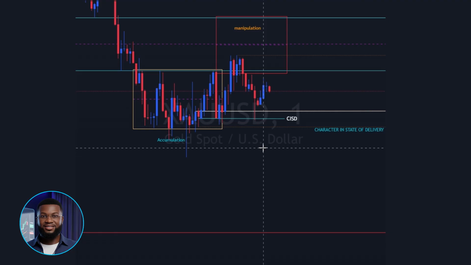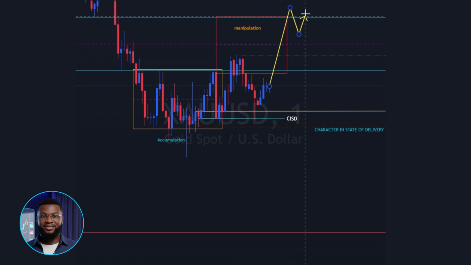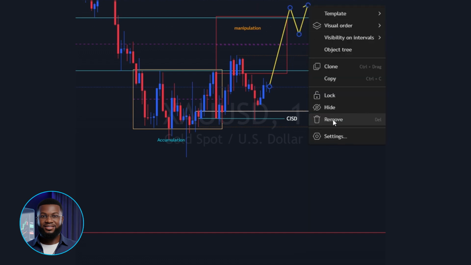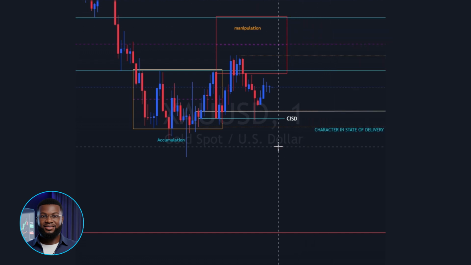So you're still waiting. Patience is very good, so let's still be patient. Don't be in a rush, people. For example, if price breaks above this level like that, it means this setup is not valid anymore.